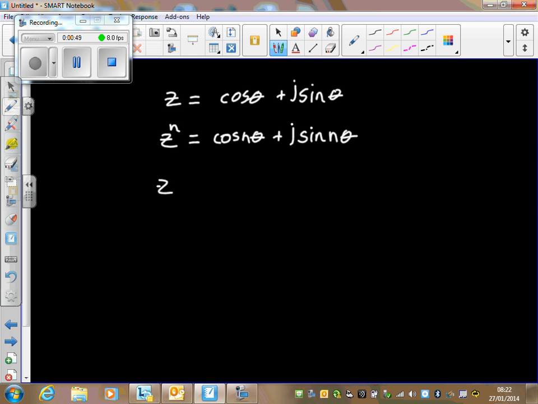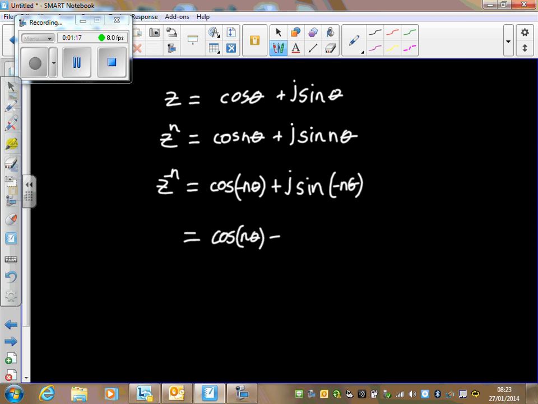Alternatively, if we have Z to the minus n, it's going to be cos of minus n theta plus J sine of minus n theta. Because cos is an even function, cos of something negative is just the same as cos of that something.